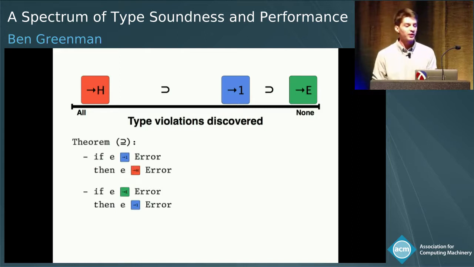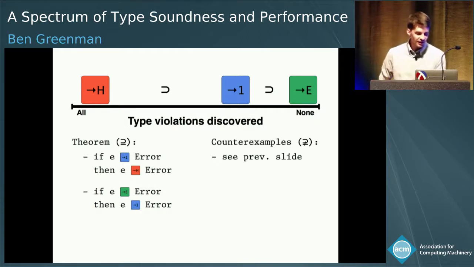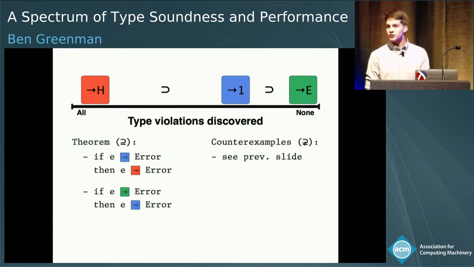So we show in the paper, every time that the first order approach reduces to an error, the higher order approach will reduce to a similar error. It'll also catch the violation. And similarly for erasure, anytime erasure detects some violation, first order will also detect the violation. For the counterexamples that show that these are strict subsets, we could see the previous slide.